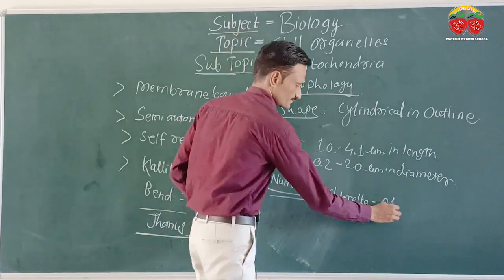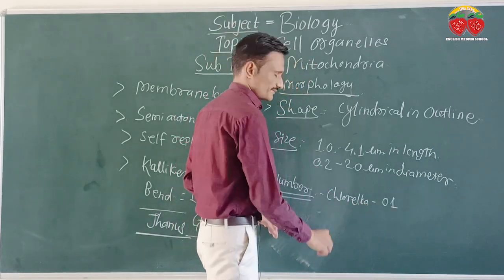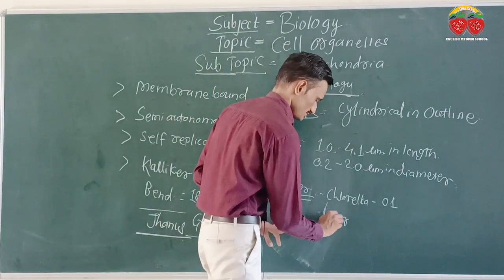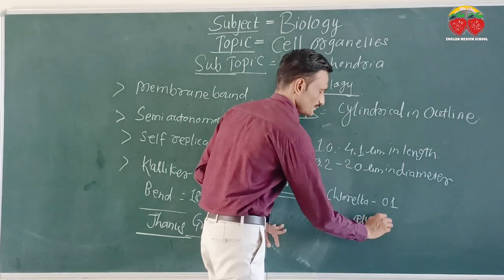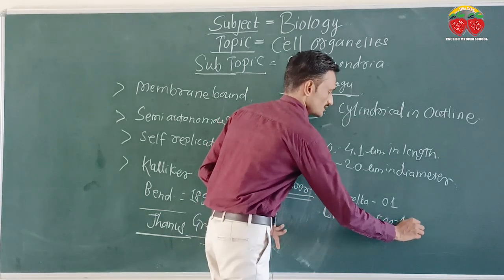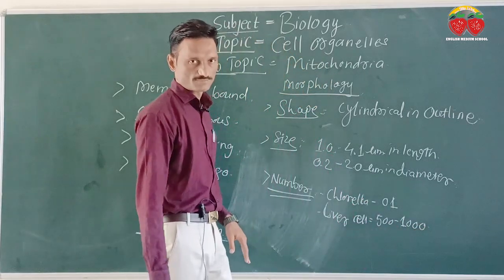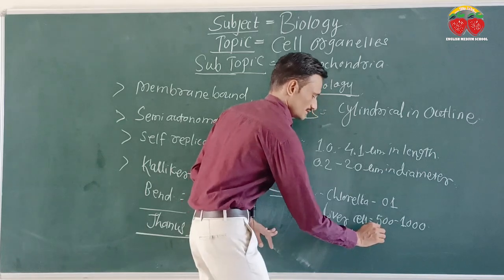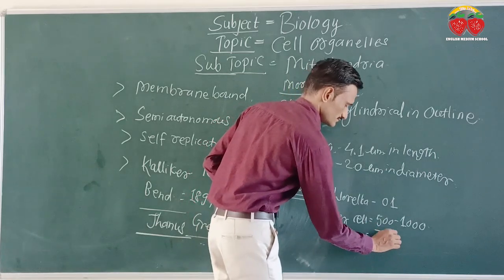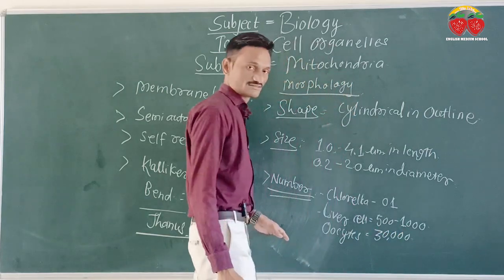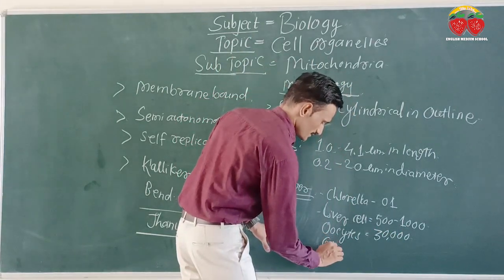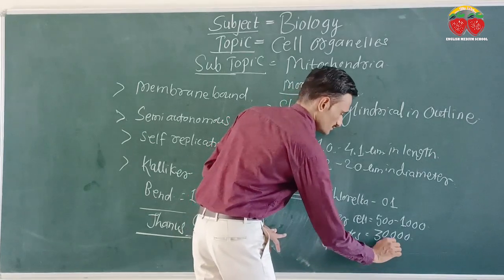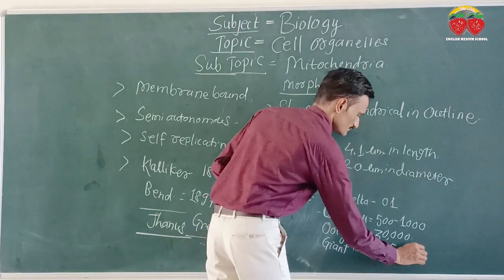It is a unicellular organism. Then in case of our liver cell, 500 to 1000 mitochondria are present. Then in case of oocytes, there are 30,000 within one cell. Then in giant amoeba, there are 50,000 in one cell.